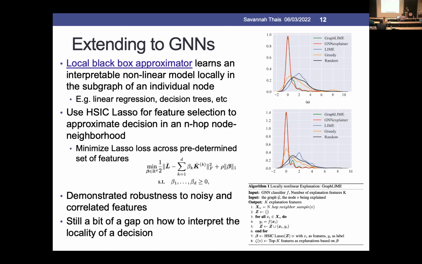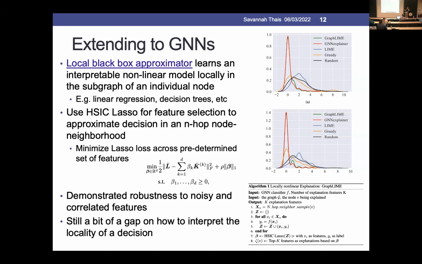But the idea is that, similarly to doing that decision ordering search, you use this lasso loss with some predetermined set of interpretable features that you think are probably going to be interesting, and you try to mimic the GNN decision boundary in a local neighborhood. And they've demonstrated some nice guarantees with this approach, that it's robust to noise and to correlated features.